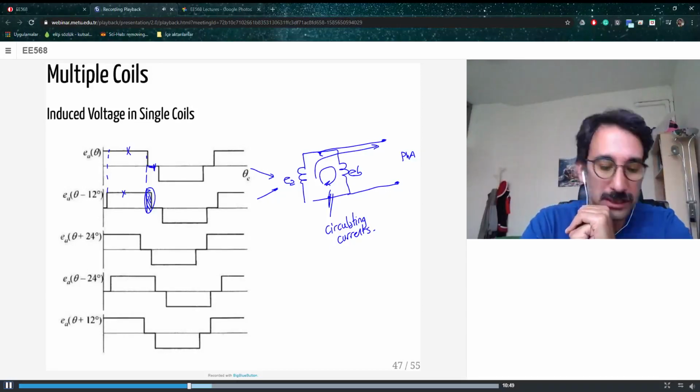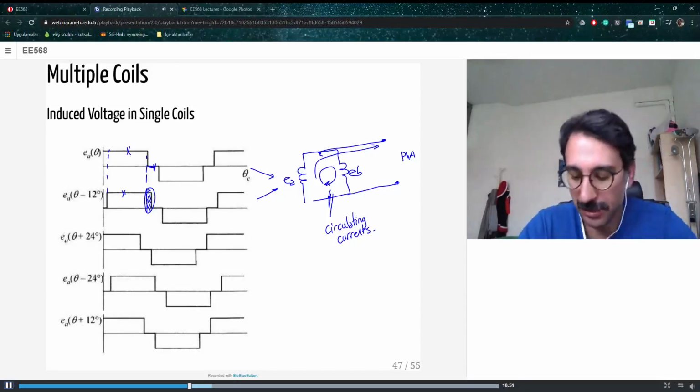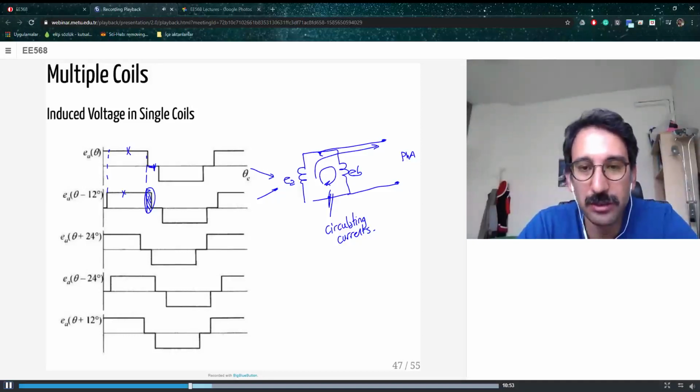So paralleling coils can sometimes be dangerous. In general, we try to avoid parallels, but in series it doesn't make any difference, apart from the slight reduction due to the winding factor. So at least you are not generating any excessive heat. Okay.